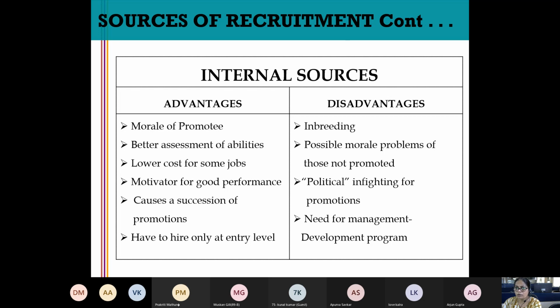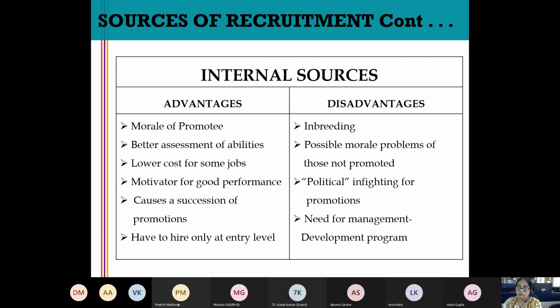What is the problem with internal sources? There are various advantages. It increases morale. You very well know them, and that's why you may better assess who has a particular ability to take up a particular job post, right? It requires less money to spend, because advertising, etc., requires a lot of money.